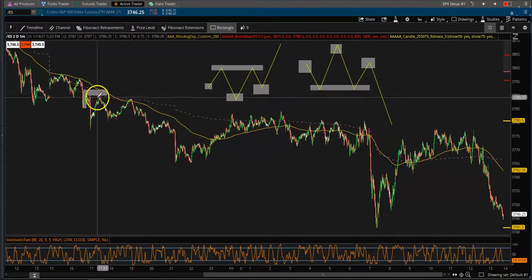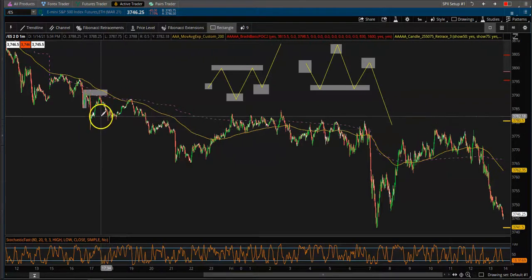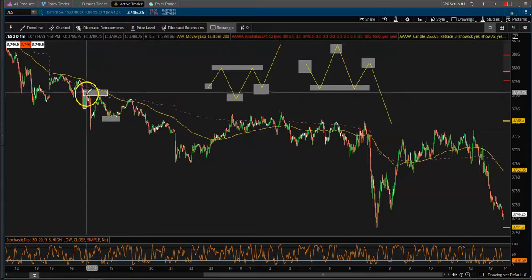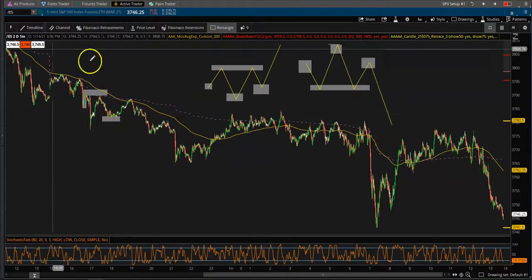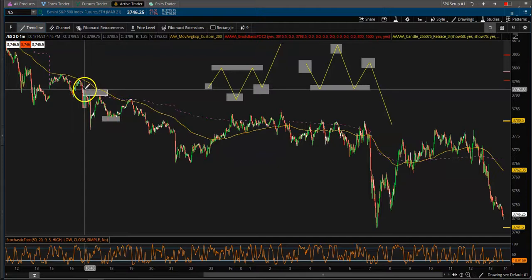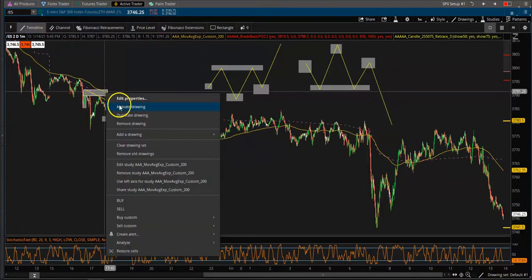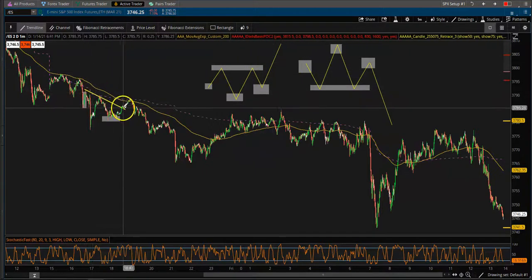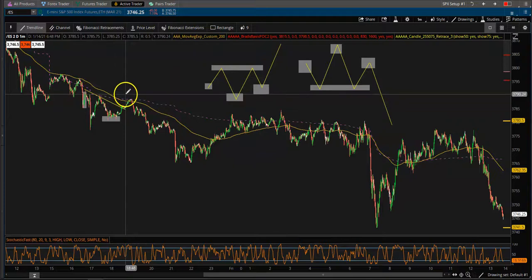And then you pull back, but you never breach below this low, and then price rallies. Now, this was a failed inverse head and shoulders. It just never went. And also, this is what I would call a slanted head and shoulders. Remember, they could be slanted multiple different ways.